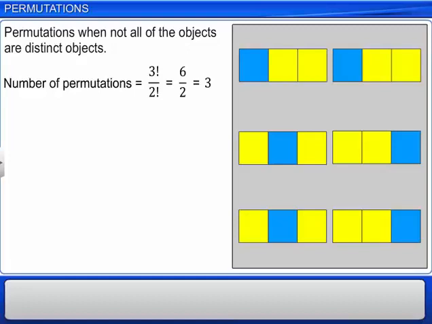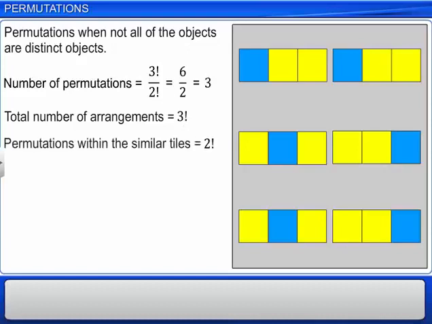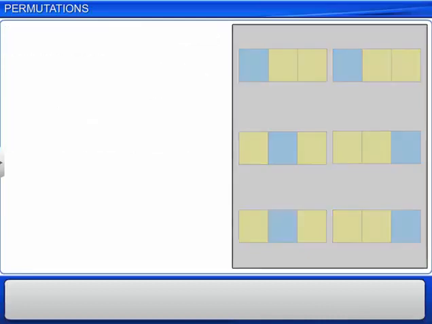Therefore, the number of permutations is equal to 3 factorial divided by 2 factorial. Here, 3 factorial relates to the total number of arrangements, while 2 factorial relates to the permutations within similar tiles. This is evident from the figures. Let's consider another example. Let us find the permutations of different words that can be formed with the letters of the word IIT.